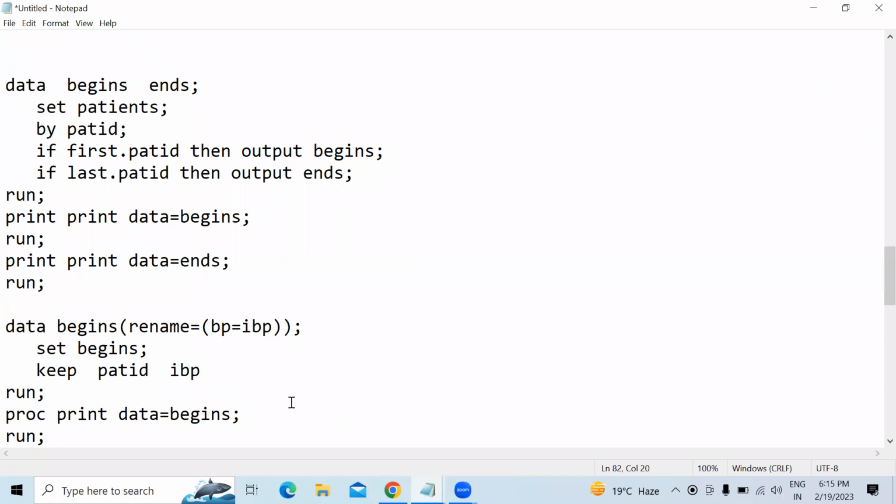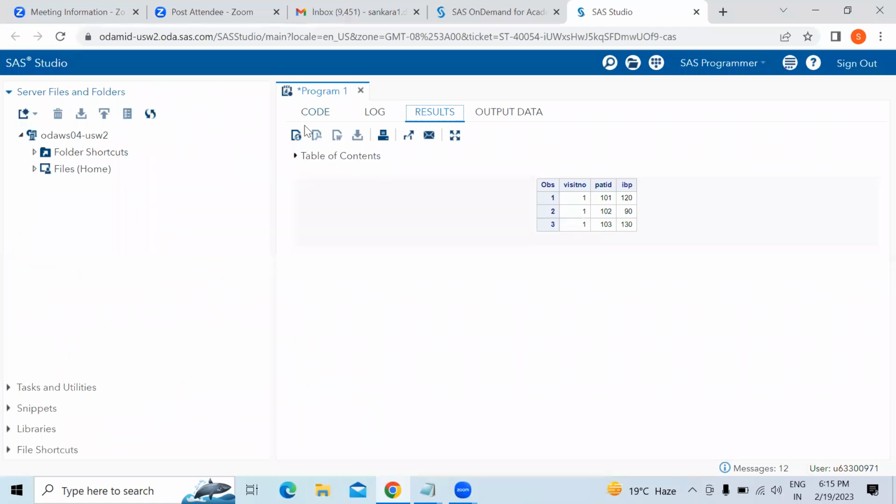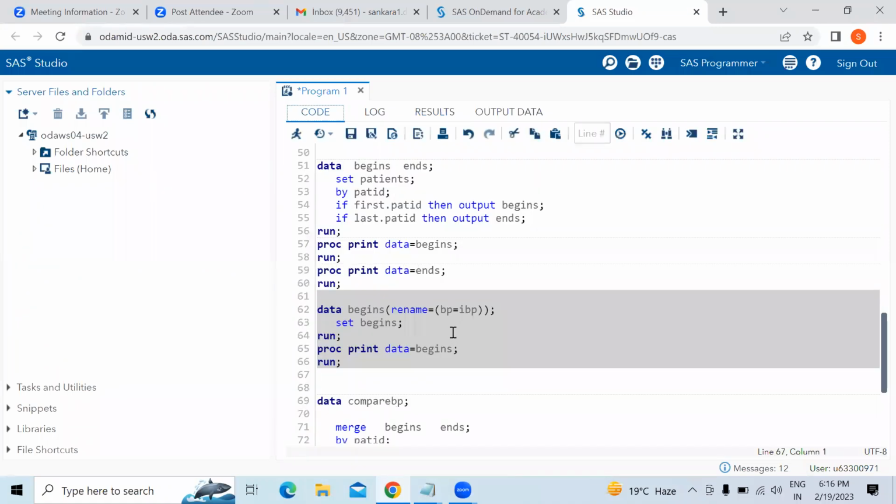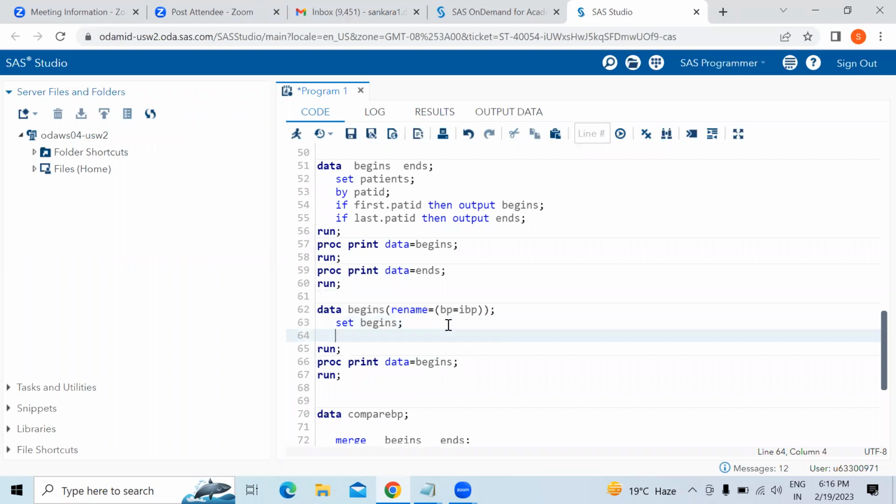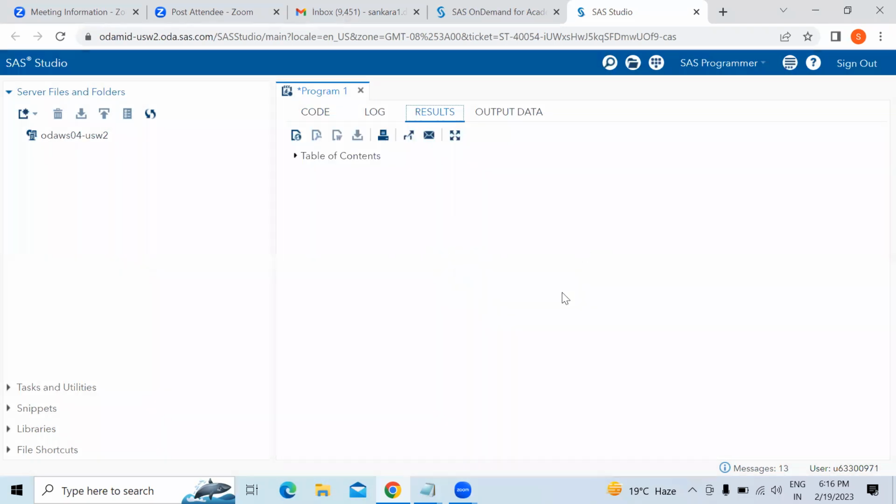Keep patient ID and the IBP column, initial BP column. Run this part once again. Now I got two columns, patient ID and IBP.